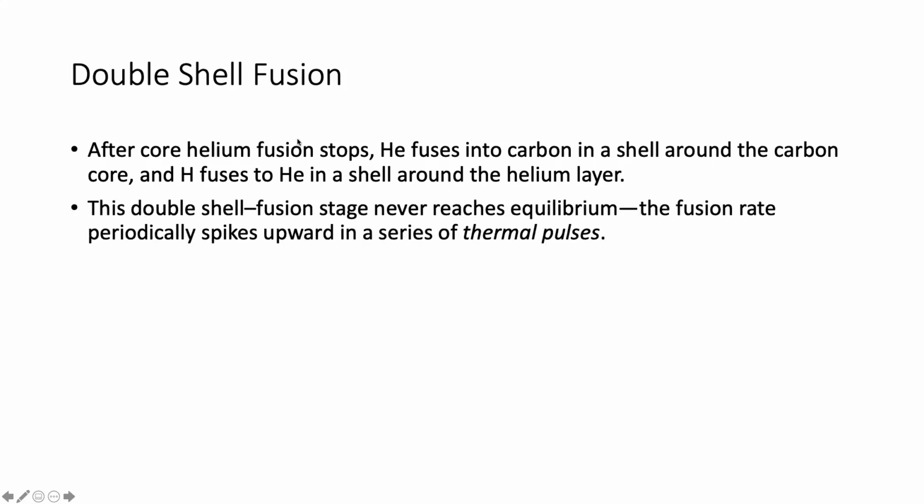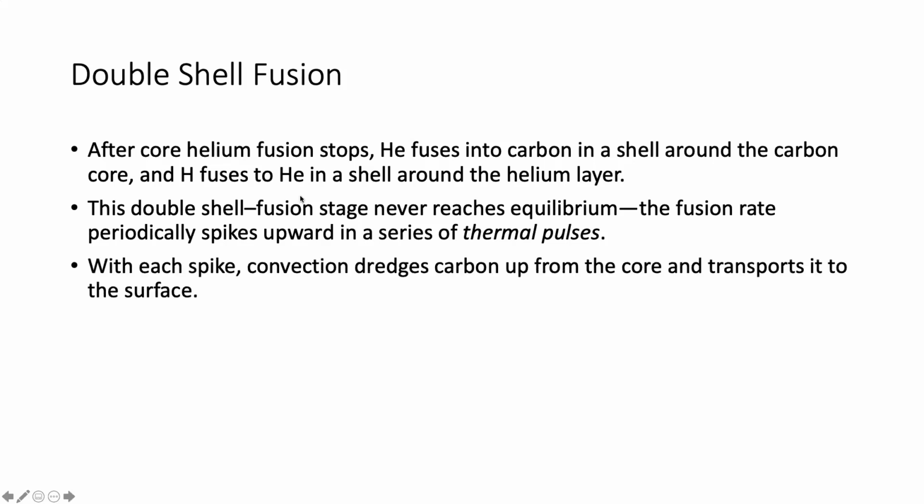Right? Now, for a low mass main sequence star like our sun, there's never a point where this process, this double shell fusion, reaches an equilibrium, and eventually the star is going to die a fiery death. The star will explode as it gets really hot.